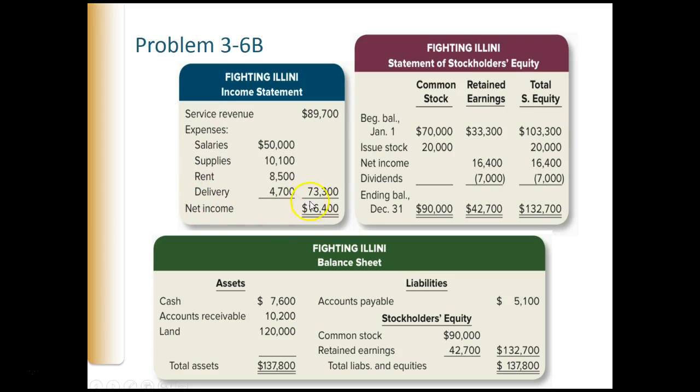Our net income is derived here as 16.4 and is used to fill in the net income of 16.4 in the stockholders' equity section. From there, the stockholders' equity section is needed to complete the balance sheet stockholders' equity section. The 132.7 is played out here.